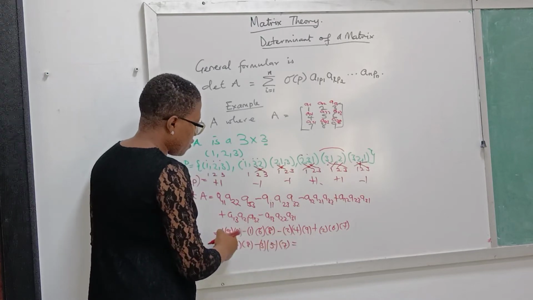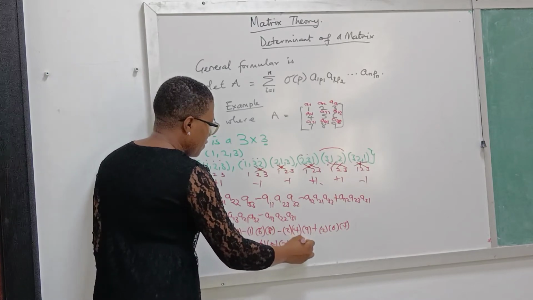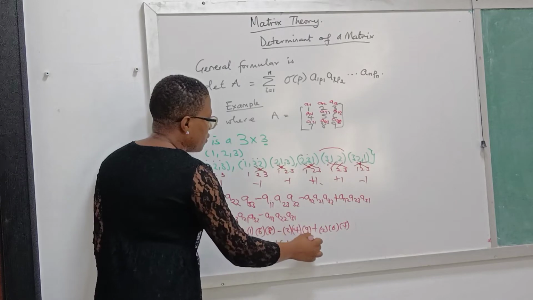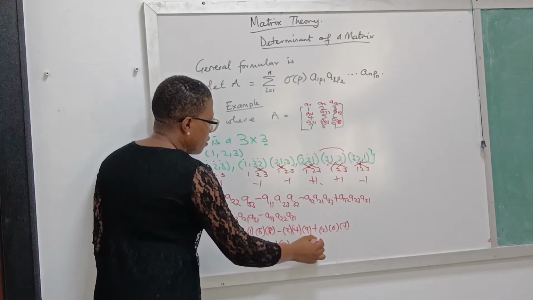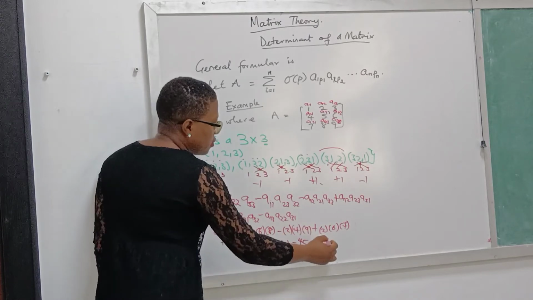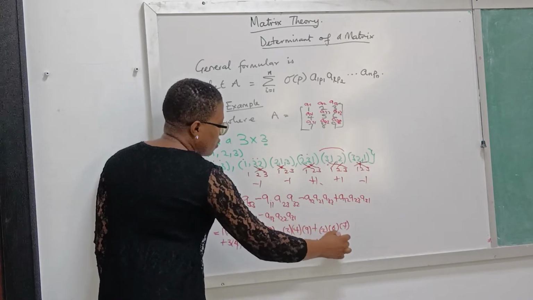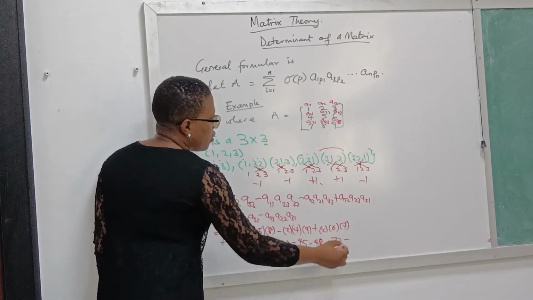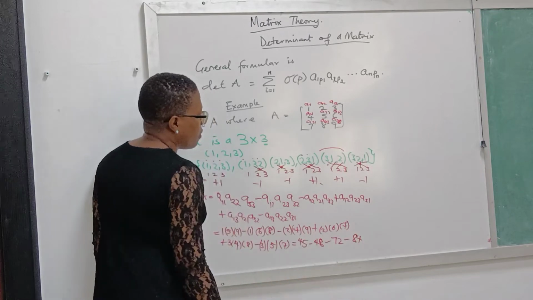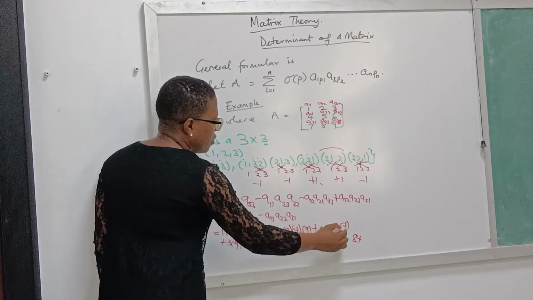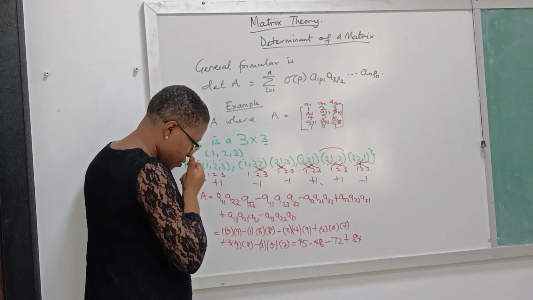So this will give me 45, minus 48, minus 72, plus 84.